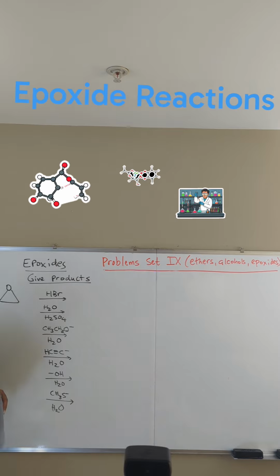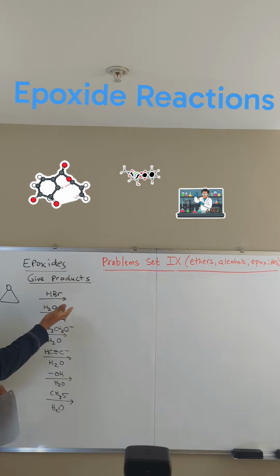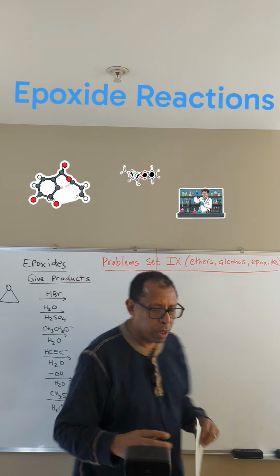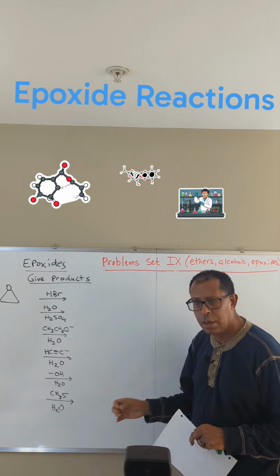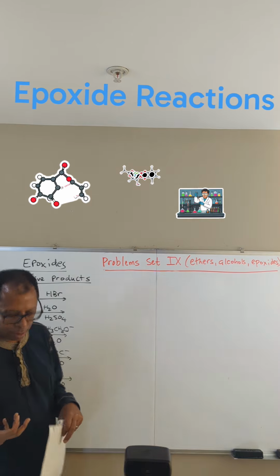This is the simplest epoxide you would find, and some reagents are given, and the question is to give the products of this epoxide's reaction with hydrobromic acid, water and sulfuric acid, epoxide in water, acetylide base, hydroxide base, metal sulfide, etc.